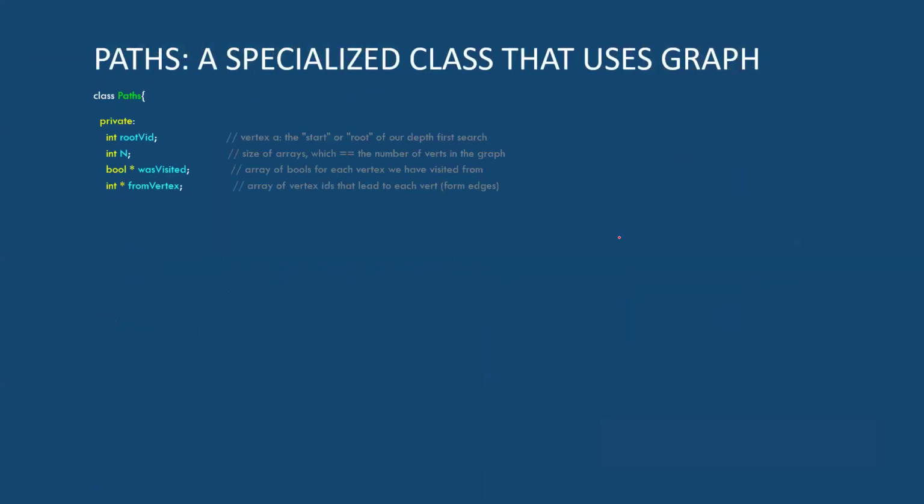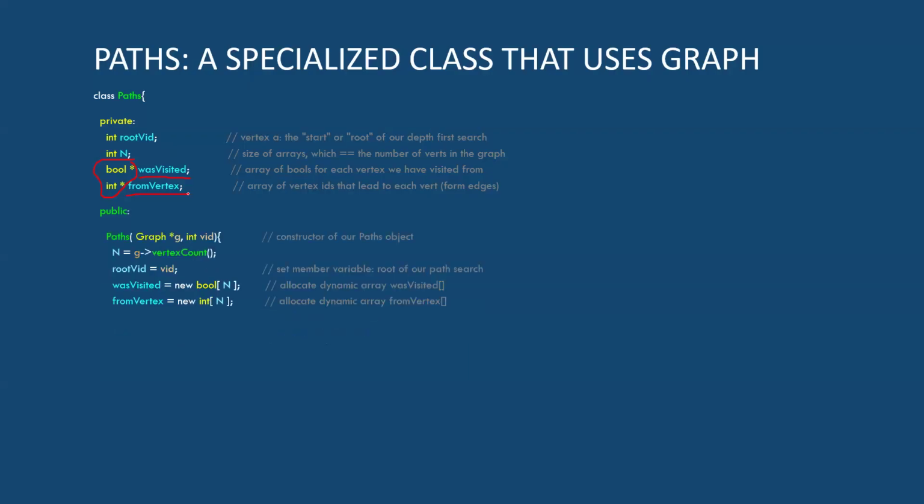Okay, so here's the code. Paths has a root ID, the number of items in the graph, and a pointer to what we are going to allocate dynamically, because we don't know how many things we need until somebody gives us a graph. So our constructor is going to say, hey, you gave me a G. I'm going to ask, how many vertices do you have, by calling its vertex count method, and put that in my n.